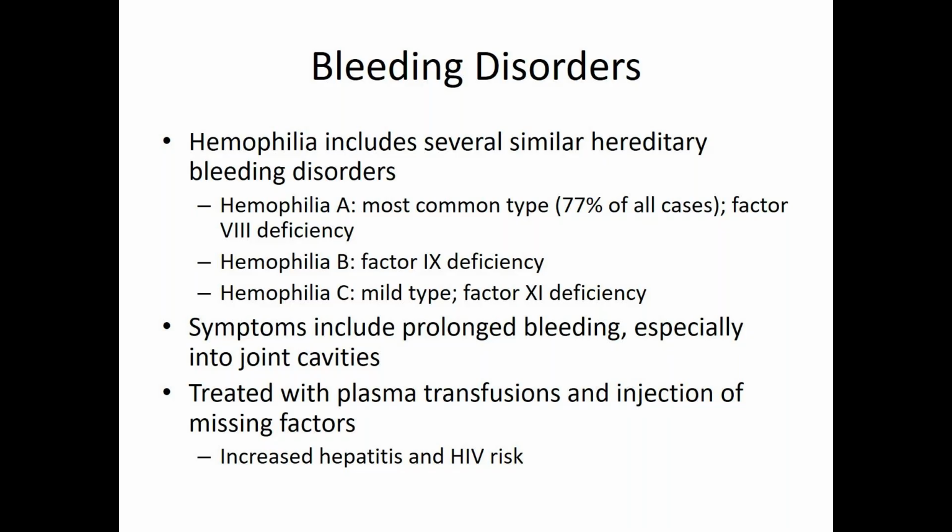Most people that have hemophilia have hemophilia A. It's about 80%, give or take. Okay. Hemophilia B, hemophilia C, less common. Hemophilia C is the most mild version of this. Hemophilia A is the most severe version of it.